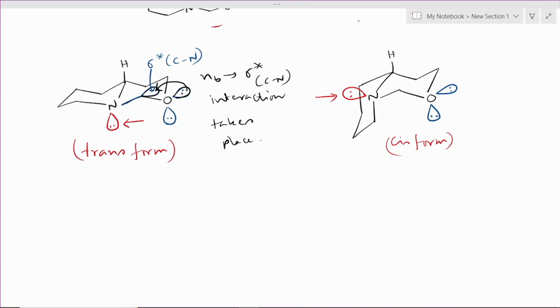Now that interaction is possible only when the non-bonding electron pair and the sigma star are in parallel position. That means this axial lone pair will have no interaction with this sigma star as they are not in parallel position. So no interaction is possible.